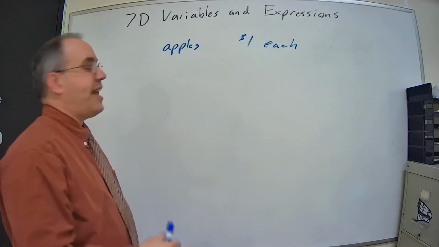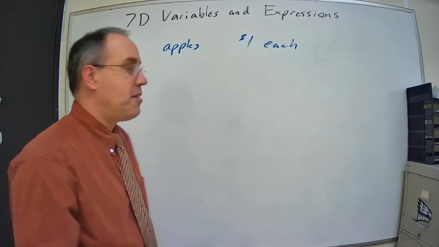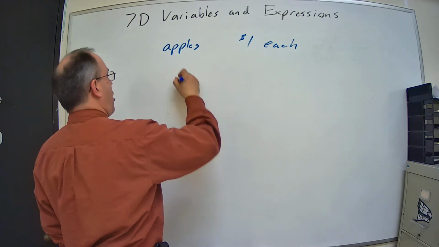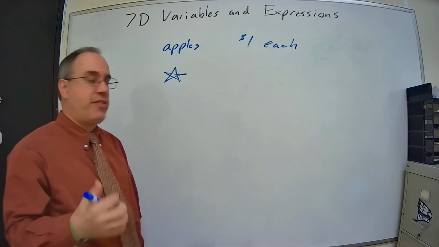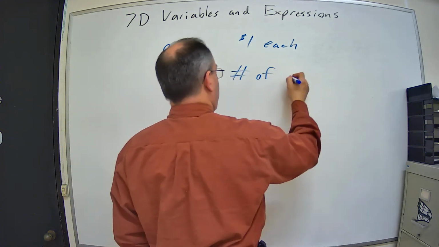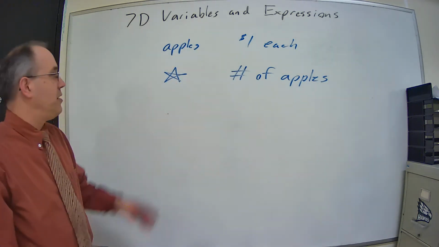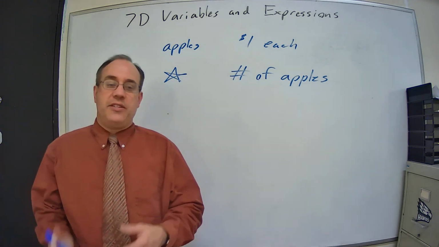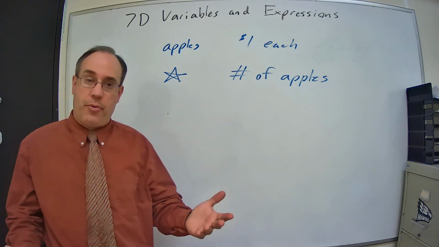So I could write a very basic expression where I use, and I'm going to use a star just because I can, to represent the number of apples purchased. So if this star represents the number of apples purchased, that is a variable. It can change depending on how many apples I purchased.